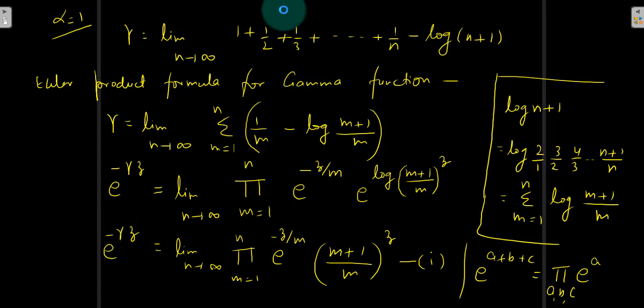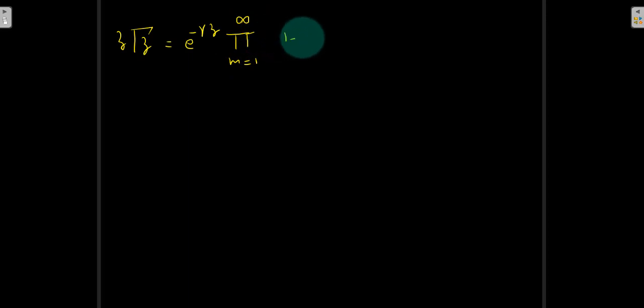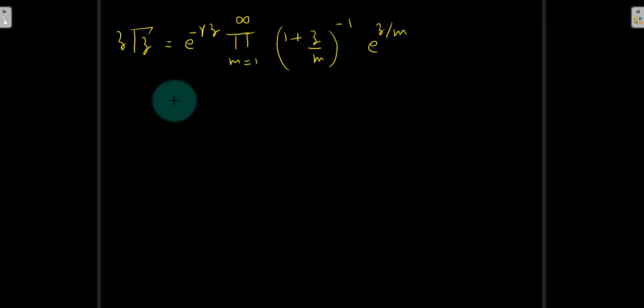Now by the Weierstrass definition of gamma function, we know that 1 over z times gamma z is e to the power minus gamma z multiplied by the infinite product, m equals 1 to infinity, of (1 plus z over m) to the power minus 1 times e to the power z over m.